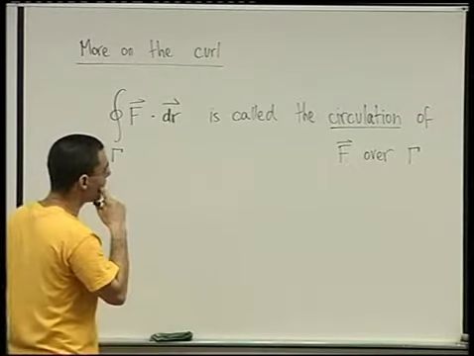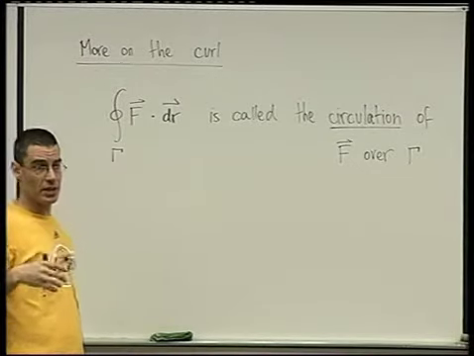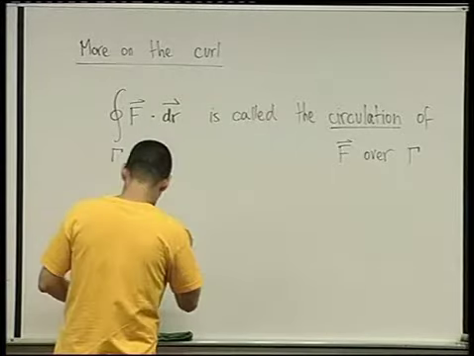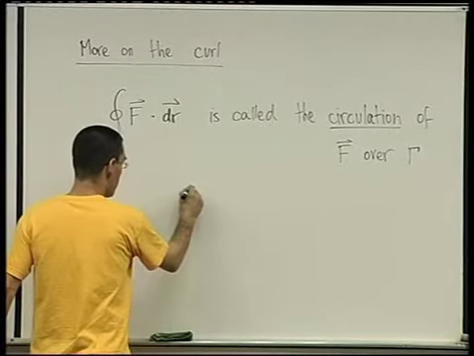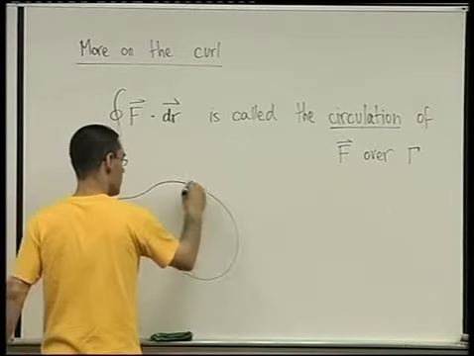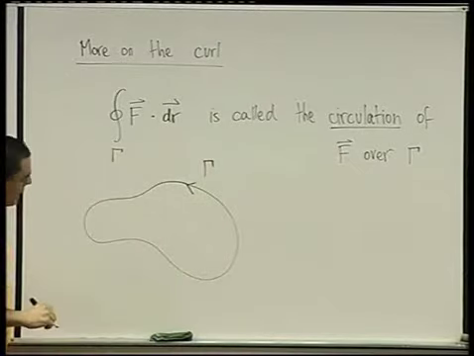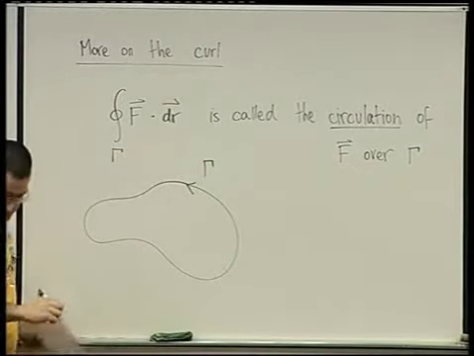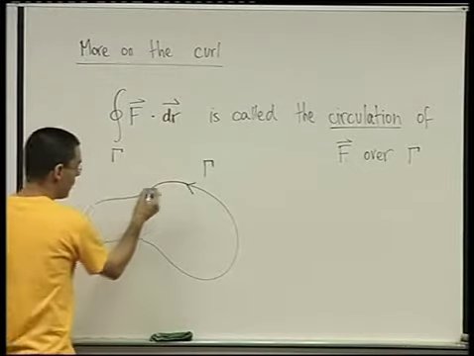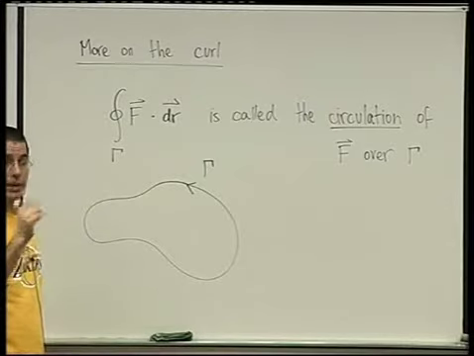So if you think of the field F as representing a flow of water, for example, then here is a closed curve gamma, some closed curve gamma. If F represents the flow of water, I'm going to draw in blue the arrows of F. F is a bunch of arrows, right?